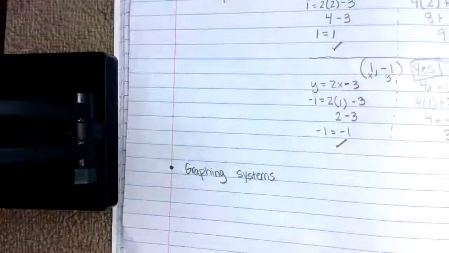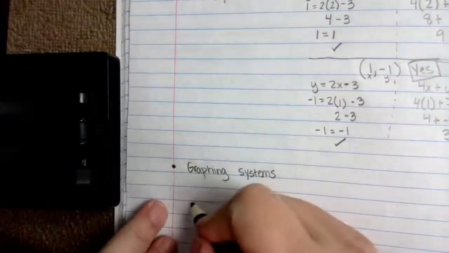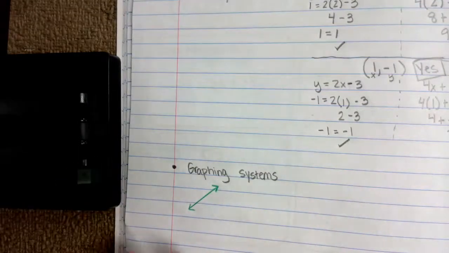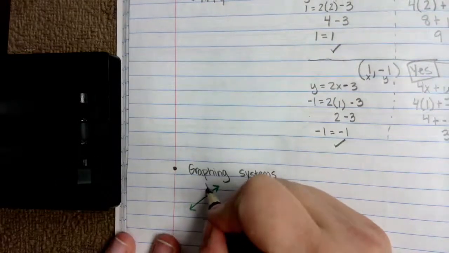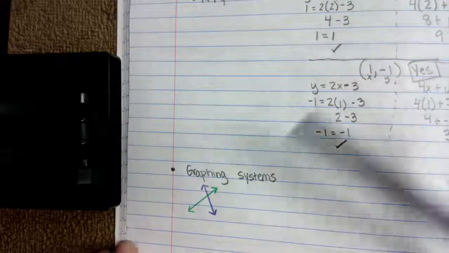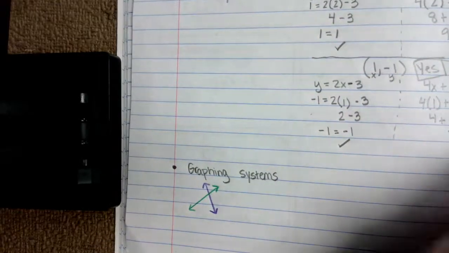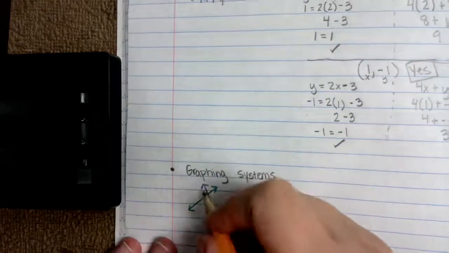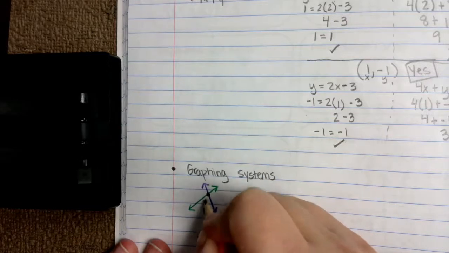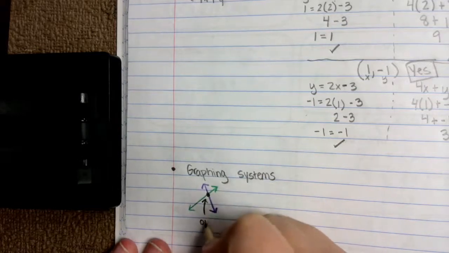So in my first picture here, I'm going to do my green line, and then my purple line. Do they have to be crossing at a certain angle? No, they could just be crossing. So just do your 2 colors. Where they cross, that point of intersection, is your one solution.